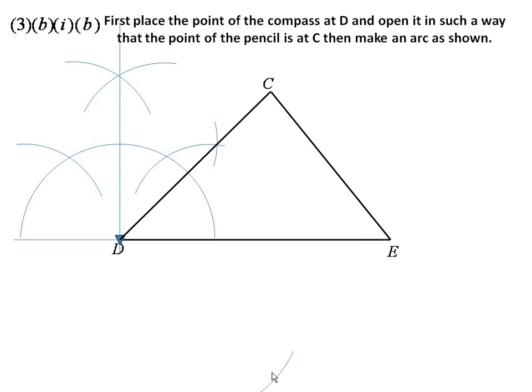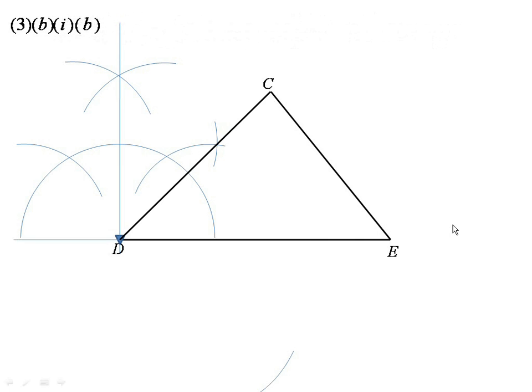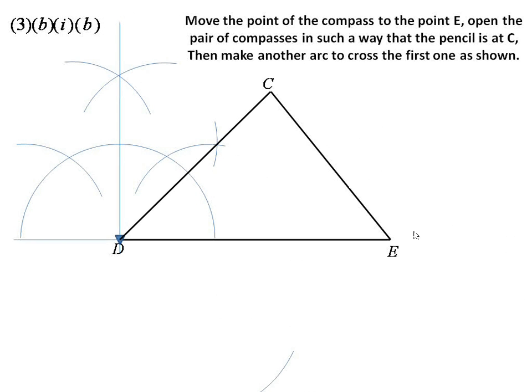So we'll put the compass point at E, then open the compass to C in such a way that the pencil is at C and the point of the compass is at E, and then we make an arc to cross this one. So what will happen is that this line will be equal to where it goes across here, and this one will be equal to this one there. So let us make that arc.